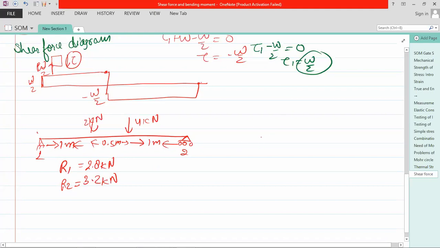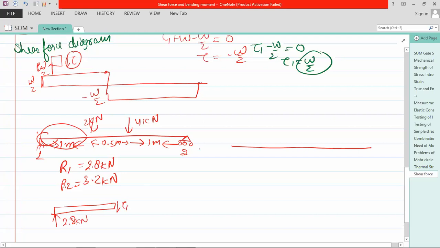Now, their shear force diagram, if you want to draw, take this 1 meter element before the force is acting. Suppose I take this one element, here the force is coming 2.8 kilonewton, and here is tau 1. Now, this tau 1, or just call it SF, this is shear force.